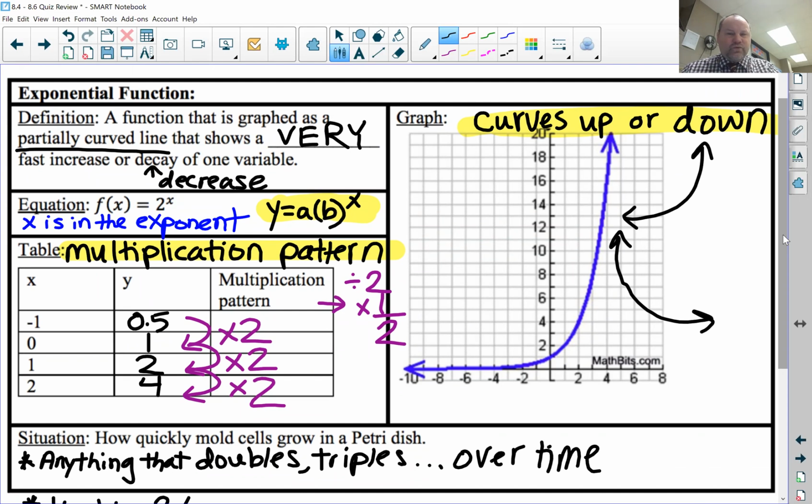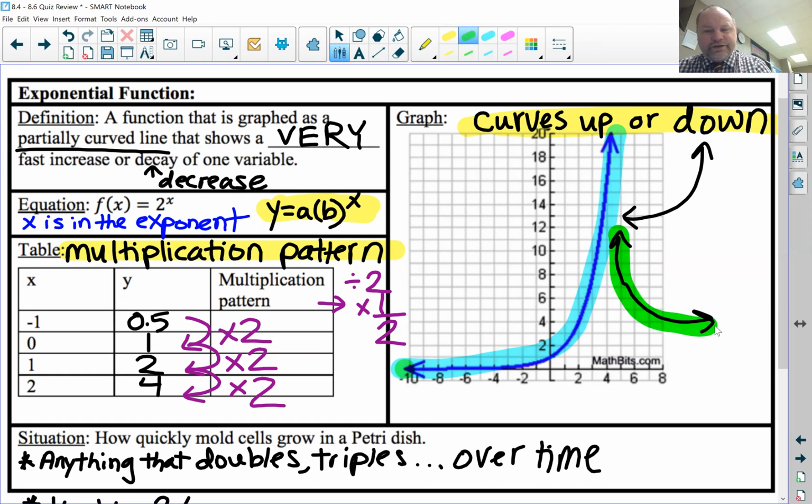So if you look at the graph, this is the blue one here. It shows exponential increase or growth. And then over here, the one I'm highlighting in green would be exponential decay. Okay, and again, this one up here is exponential growth.